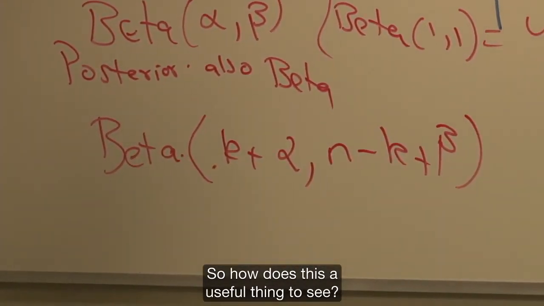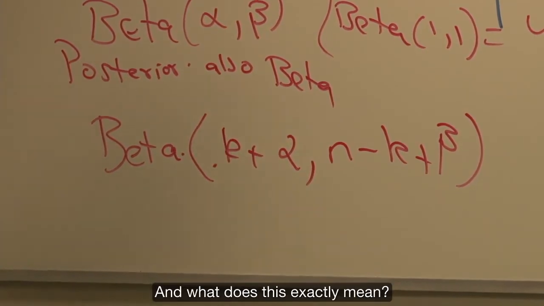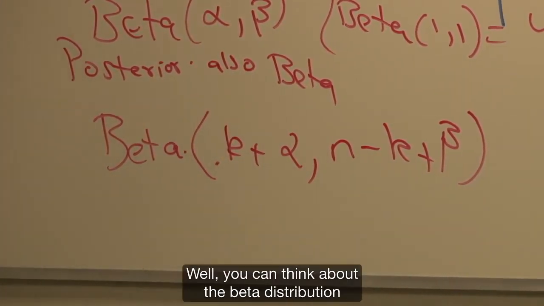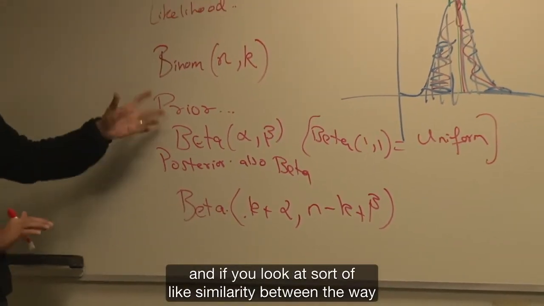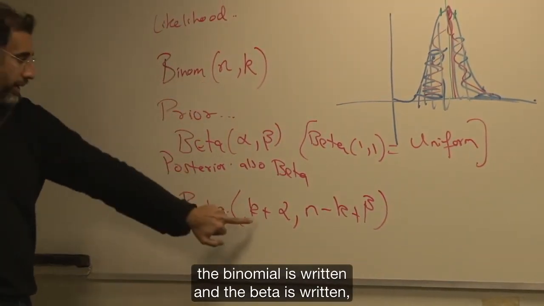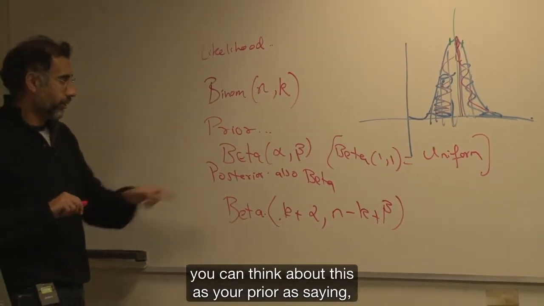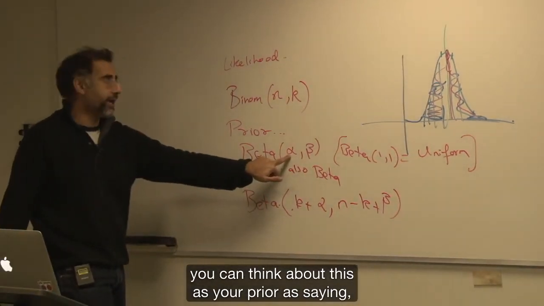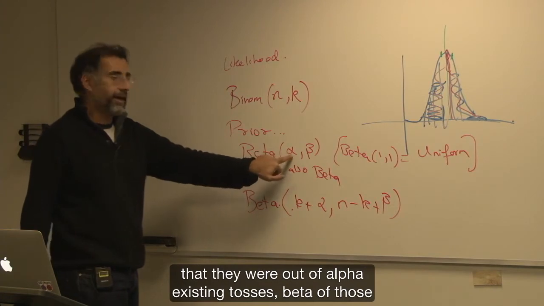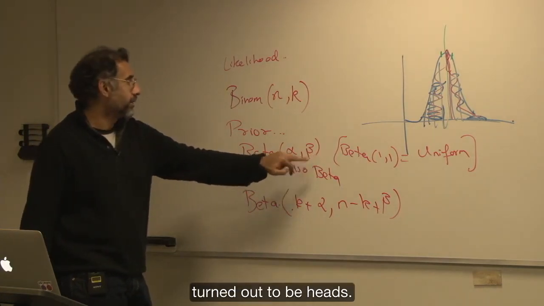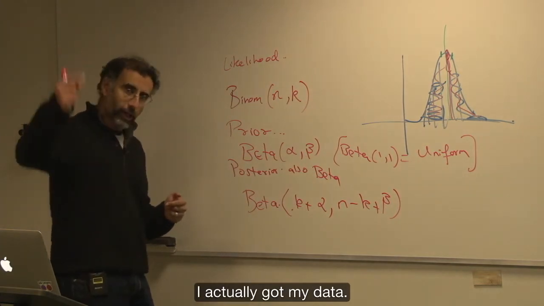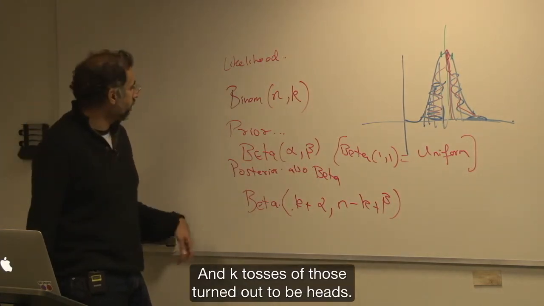So how is this a useful thing to see, and what does this exactly mean? Well, if you look at the similarity between the way the binomial is written and the beta is written, you can think about your prior as saying that out of alpha existing tosses, beta of those turned out to be heads. And then I threw the coin, I actually got my data, I did n tosses, and k of those turned out to be heads.